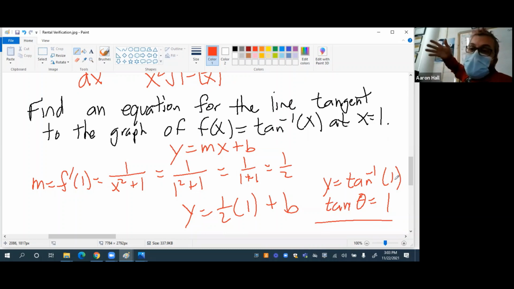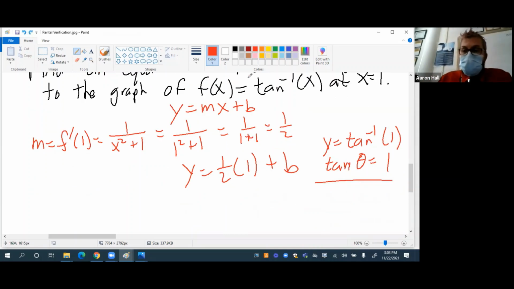The only answer is the middle finger. From our sine direction, we have the square root of 2 over 2. From our cosine direction, we have the square root of 2 over 2. So we have the square root of 2 over 2 over the square root of 2 over 2, which gives us 1 if theta is pi fourths. So y equals pi fourths.